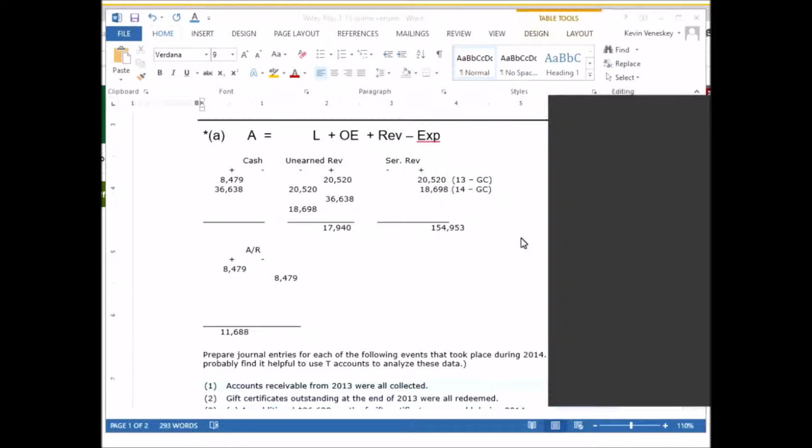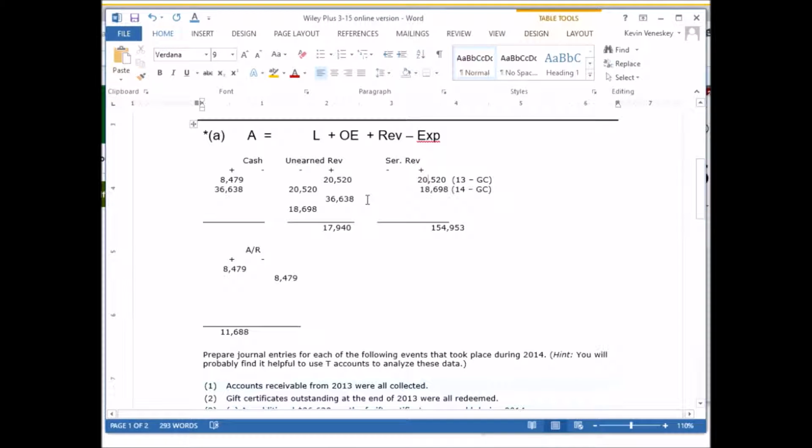So we take the 154,953, subtract out the 20,520, subtract out the 16,698, both of those were gift card revenues. And normal people who just get billed and use the service, well, that amounted to the remaining, a big number, 115,735. So these were our regular 2014 bill-as-you-go type customers.